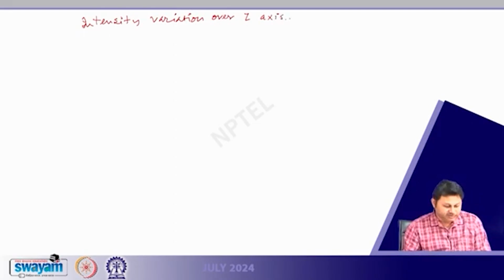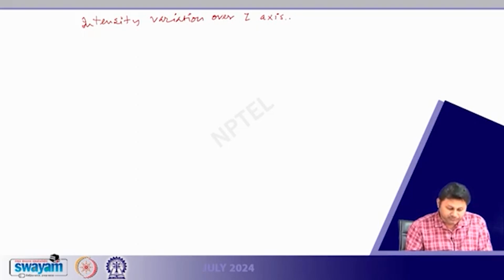This intensity variation over the z axis we want to check first.